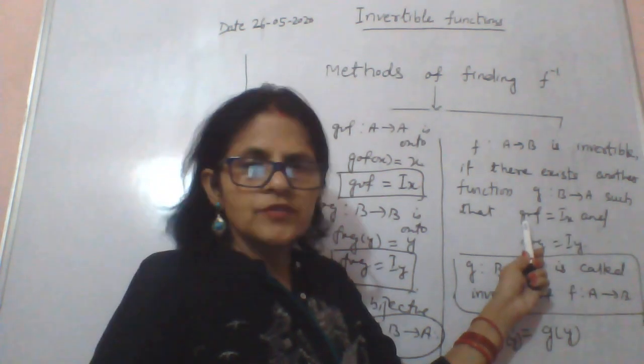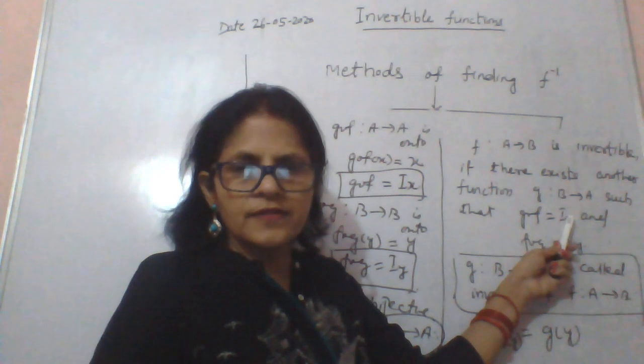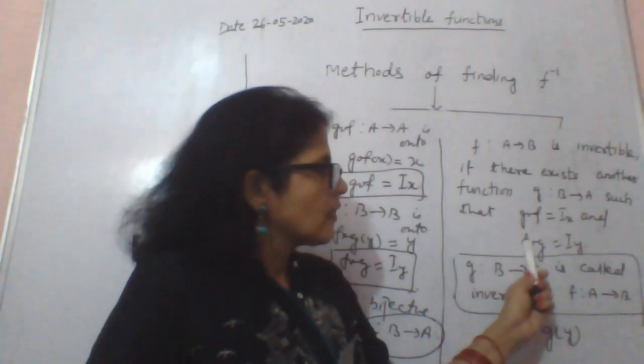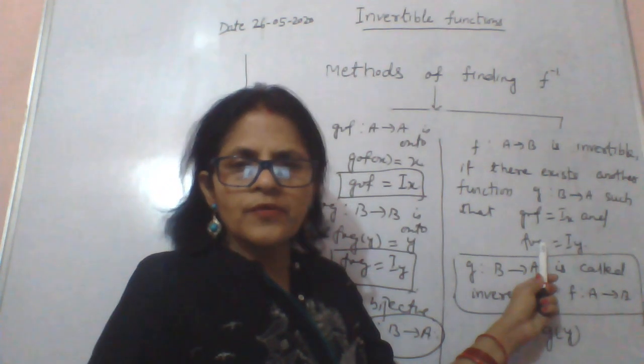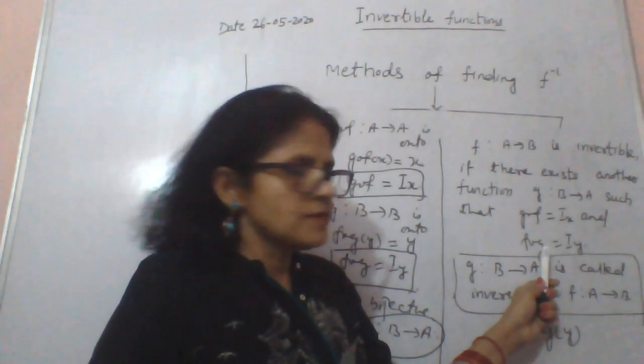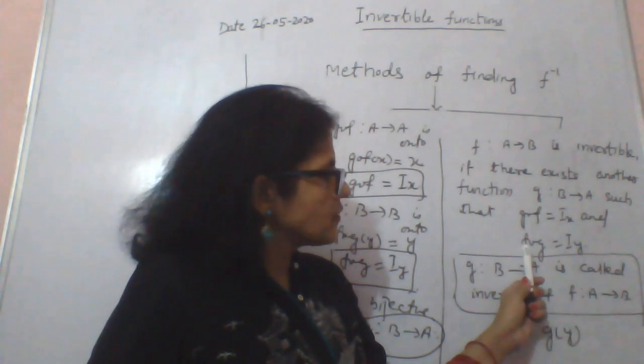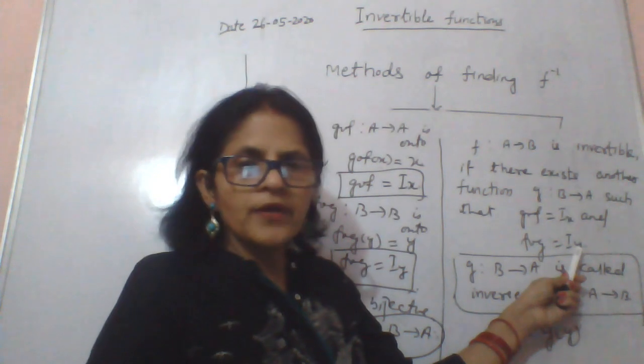It means g of f x equal to x, g of f equal to identity function, and f of g y equal to y, means f of g equal to an identity function. We are writing it as f of g equal to I_Y.